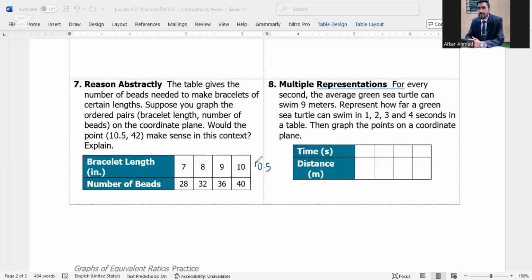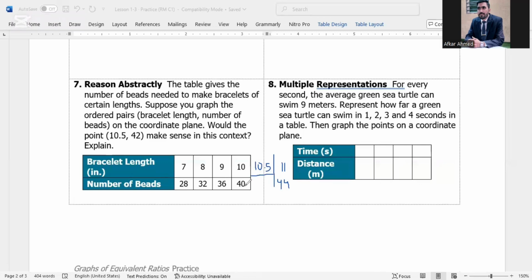But if we are making half, not 11, we are just saying, for example, 11 length. Every time 4 beads are increasing, so 11 times 4 will be 44. But if we have a point between 10 and 11, 10.5, how many beads will there be?